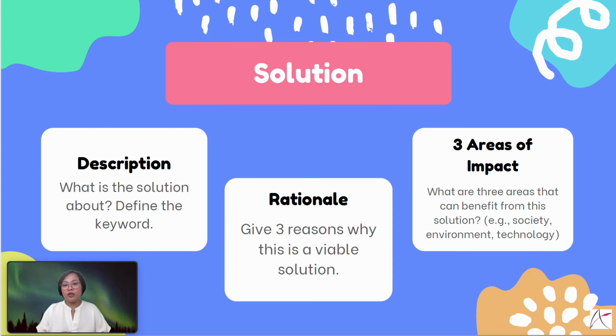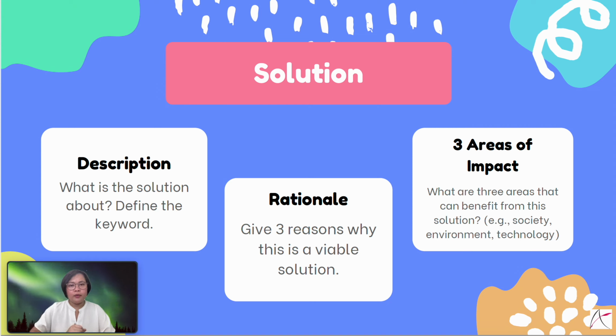Then the next one is the rationale. You need to give 3 reasons why this is a viable solution. When we say viable, we mean why these are possible, why these are effective solutions. So you need to specify them, okay? Or it could be that there's 1 major reason and 2 supporting reasons to that major reason.